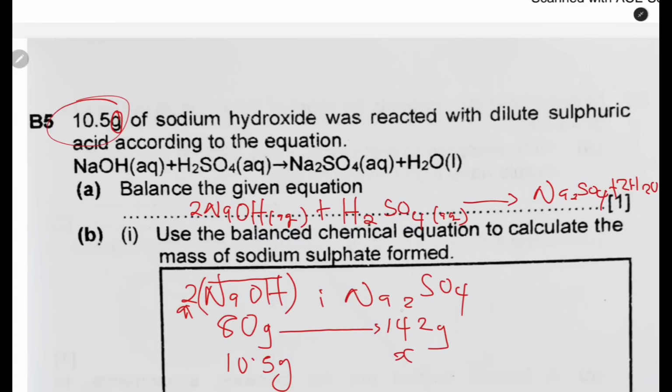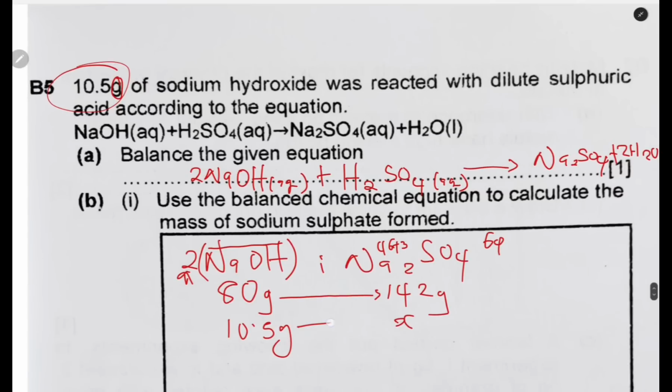Then the other side also, sodium, that is 46, plus sulfur, which is 32, plus oxygen, that is 16 times 4, which gives us 64. If you add that, should be able to give you 142. Then now if you do the cross multiplication to find x here, you are going to have x times 80 gram is equal to 142 gram multiplied by 10.5 gram.